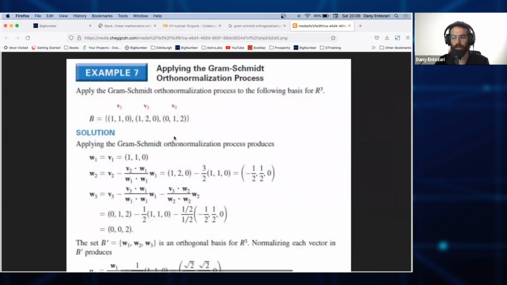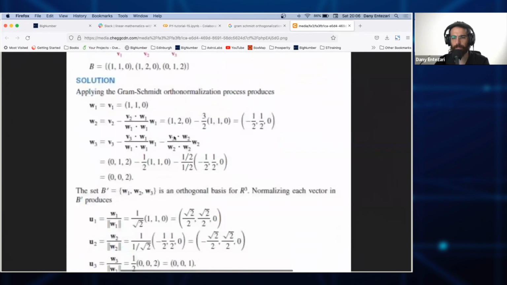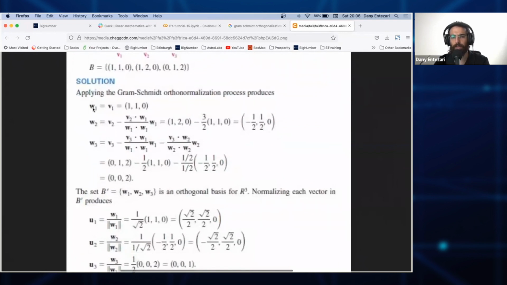How do we orthogonalize? You define a new vector w sub 1. And that is just identical to v sub 1 with components, or with points if you like, 1, 1, 0. Then you will use the first vector w sub 1 to create a new vector w sub 2. How do you create w sub 2?